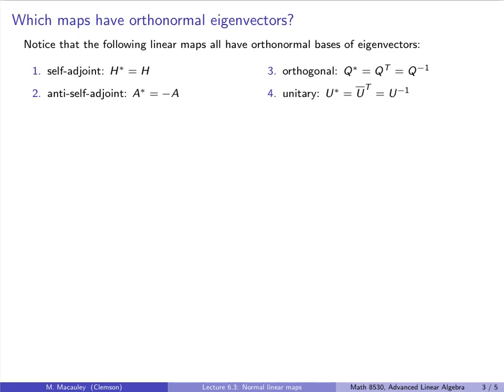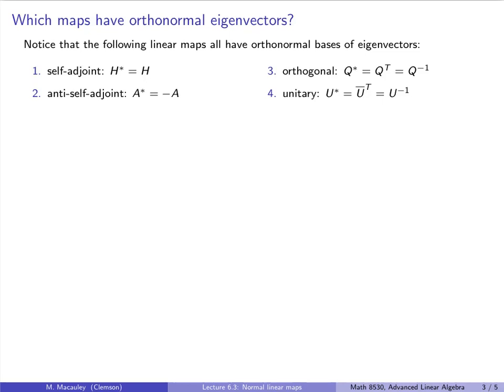Because orthonormal bases of eigenvectors is a really nice thing to have. We've already seen that self-adjoint linear maps and anti-self-adjoint linear maps all have orthonormal bases of eigenvectors. We've also seen that orthogonal maps and unitary maps all have this property as well.